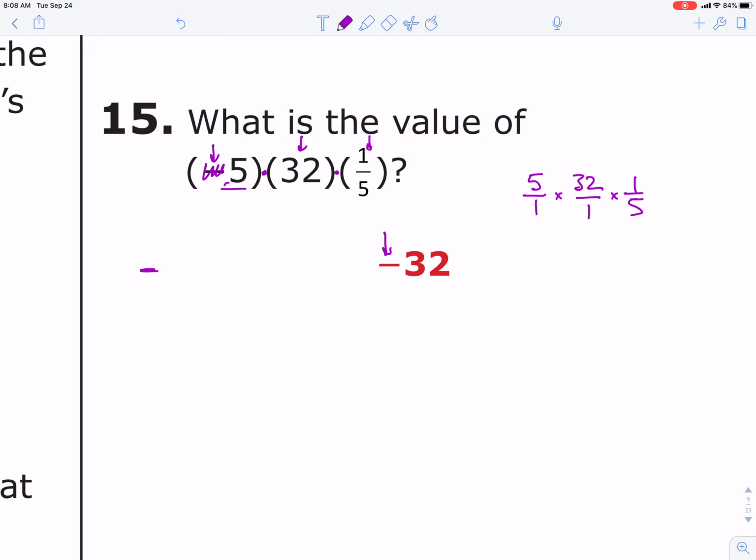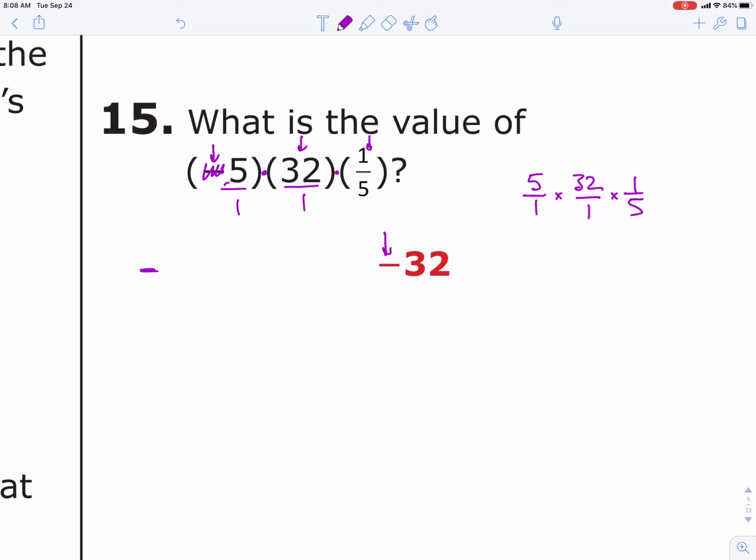So I just made this into a fraction, this into a fraction. I'm just multiplying straight across. Now, I'm looking to reduce anything I can. If I look at 5 over 1, can I reduce that? No. 32 over 1, can I reduce that? No. 1 over 5, can I reduce that? No. I can't reduce those, but I can cross-reduce, and that's going to make our life a lot simpler.